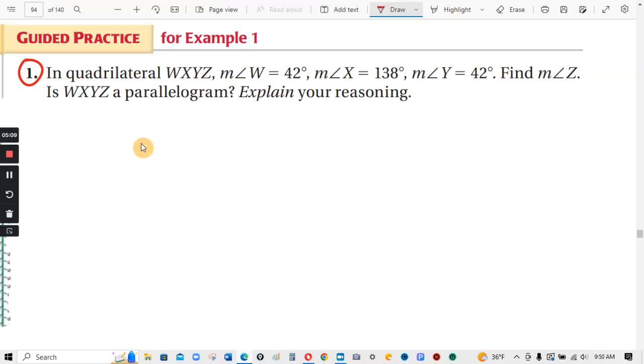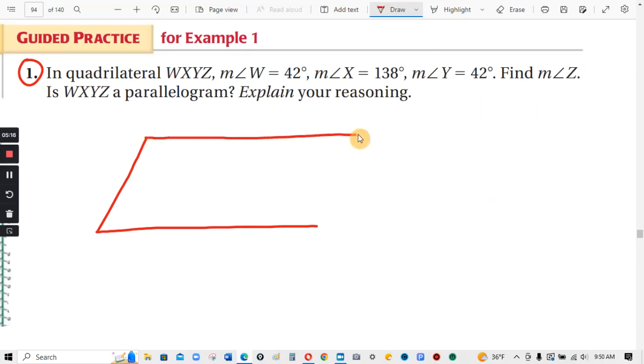So let's draw this first. We have W, X, Y, Z. W is 42 degrees, X is 138, Y is 42.